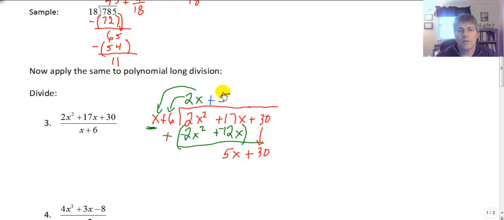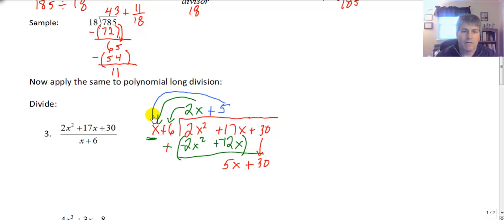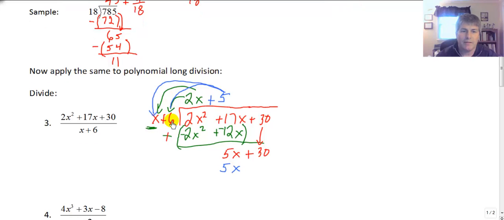So then we go ahead and multiply back. 5 times x is 5x, but we have to multiply the 6 as well. So 5 times 6 is 30. We have to subtract that entire quantity and change our signs and add.